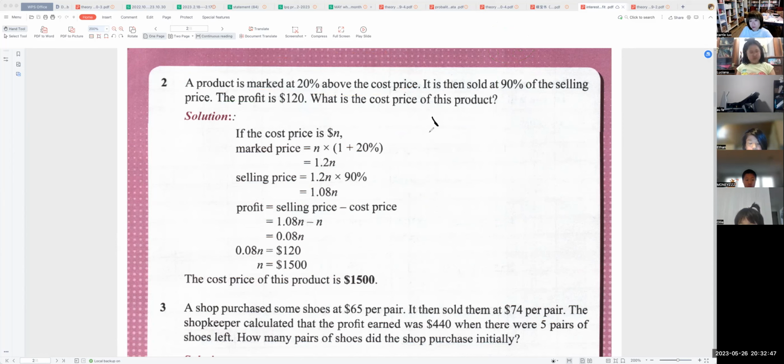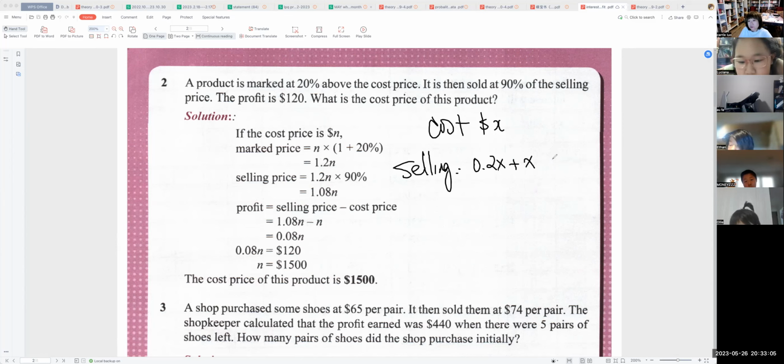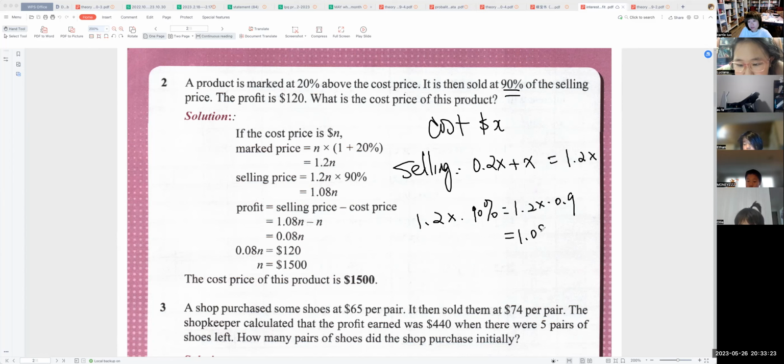OK, so make the cost of this product is X $. So a product is marked 20% above the cost, so it's 0.2x plus x, the selling price. Correct? So equals 1.2x. Okay, so I didn't sell it, but I sold 90% of the selling price. So 1.2x times 90%, which is 1.2x times 0.9 equals 1.08x.